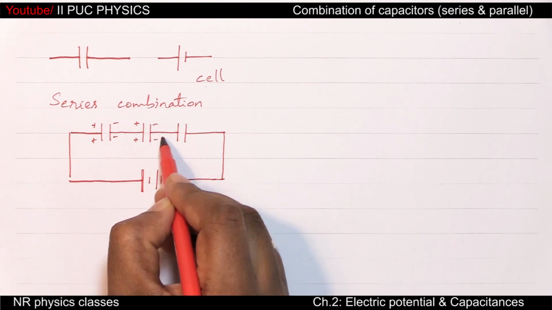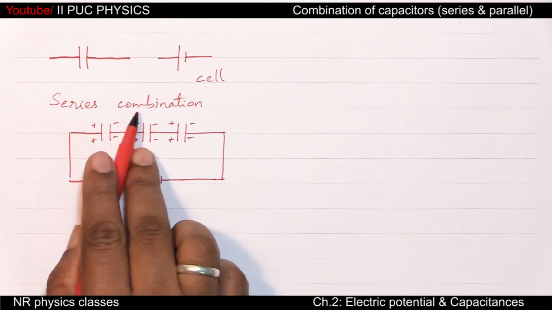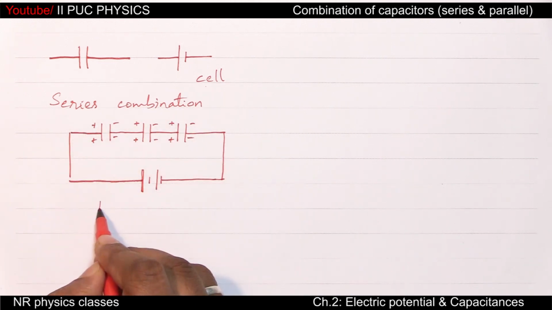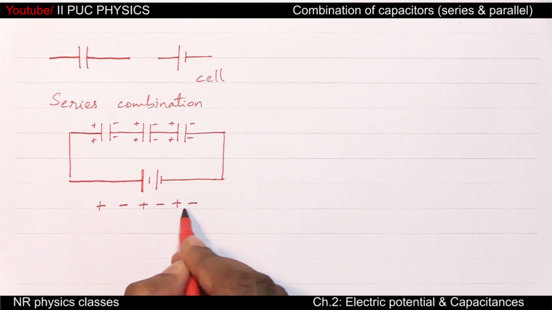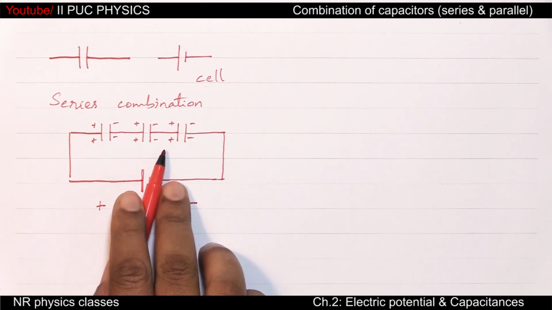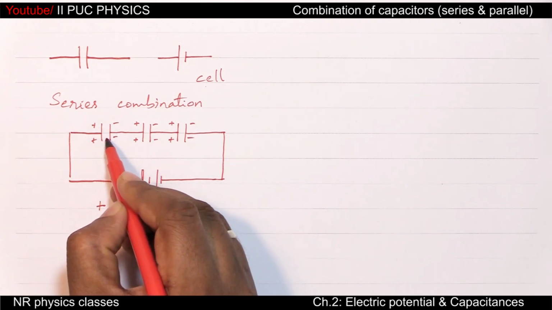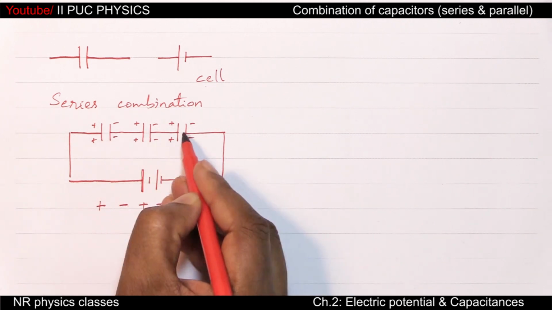Plus, minus, plus, minus. So in series combination, you should observe plus, minus, plus, minus, plus, minus. Also, if capacitors are in series, the charge stored in each capacitor is the same.